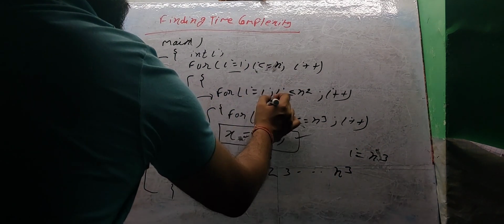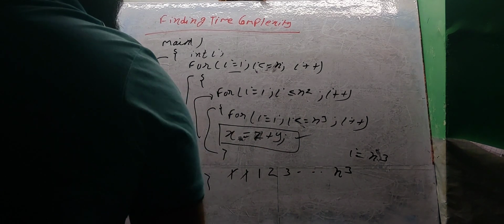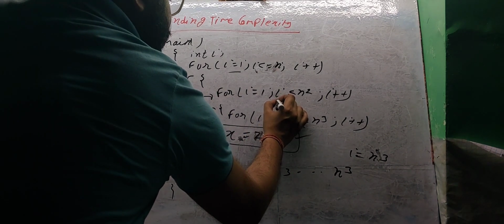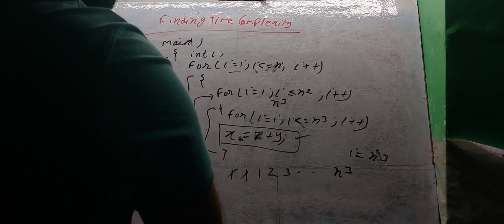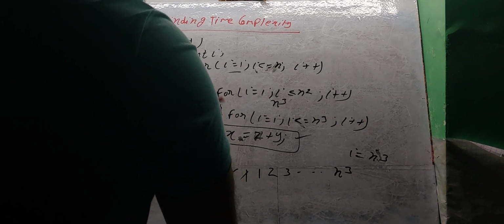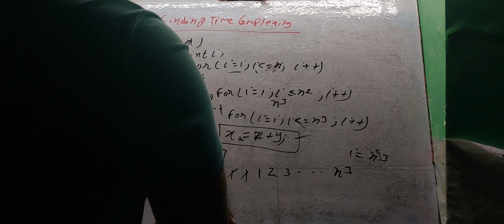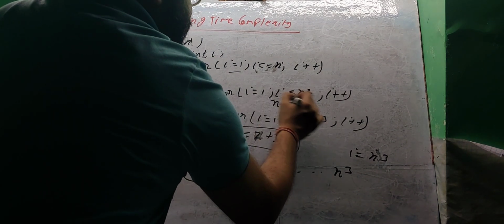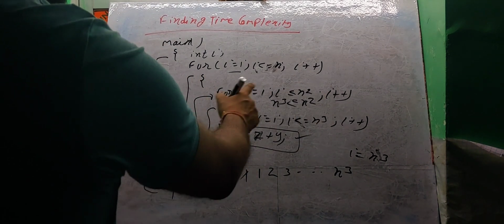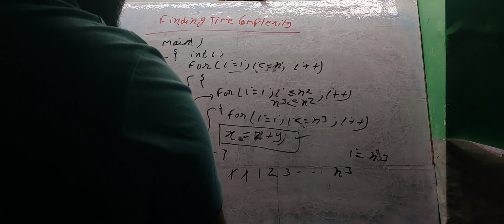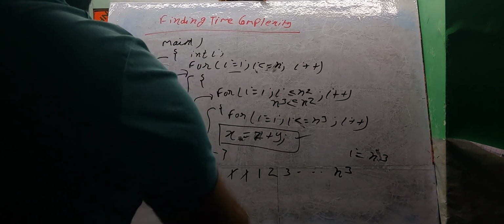And when this third loop is terminated, it returns to the second loop. So here I value will be n cube, because in all the for loops we are using the same variable, that is I. The I value is greater than n square, so the second loop will also terminate and it returns to the first loop.